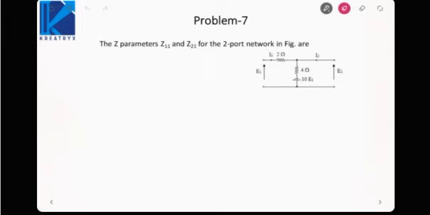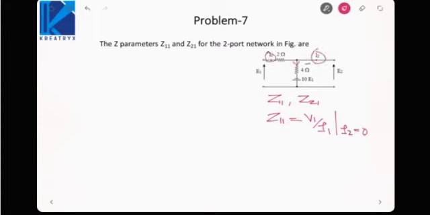In the next problem, it is asking for specific parameters of the Z matrix, that is Z11 and Z21. Z11 and Z21 we have to determine. Now, for Z11, what will we write? V1 by I1 when I2 equals 0. So if I2 is 0, current I1 is coming here.